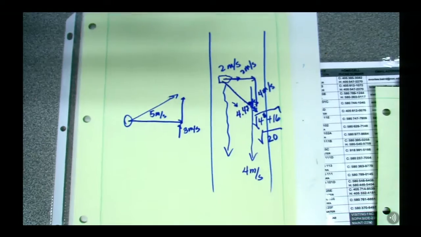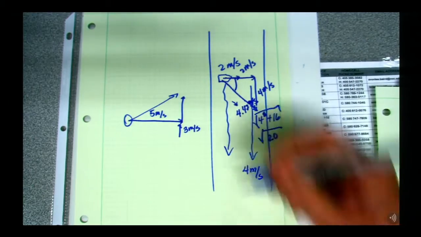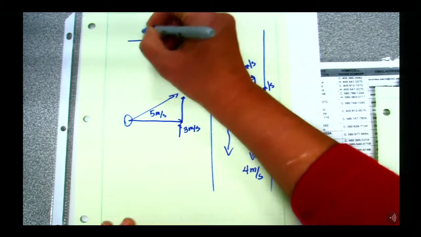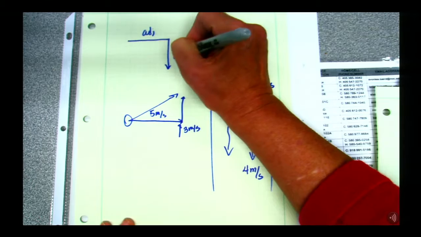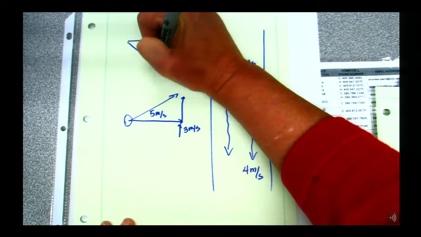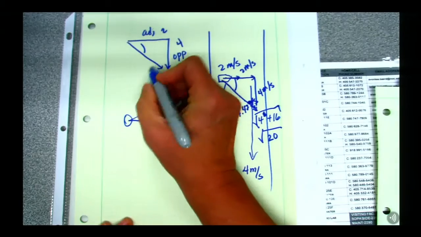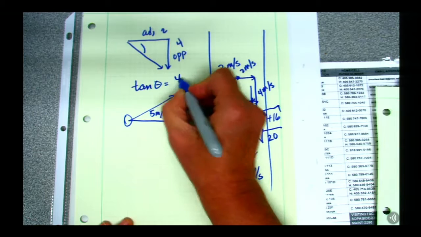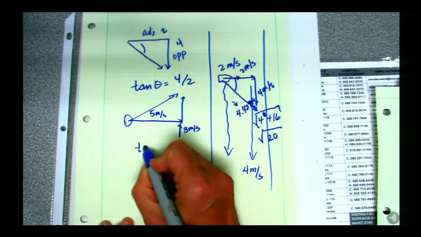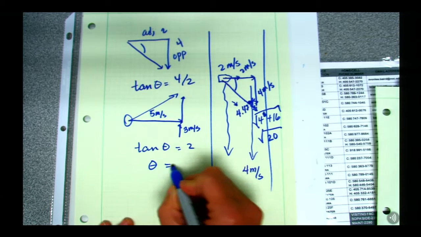And I can figure out this angle because we've learned that this is my adjacent, this is my opposite, and if this is 2 and this is 4, the tangent of the angle is going to equal 4 divided by 2. So the tangent of the angle is going to equal 2. My arc tangent gives me my angle.